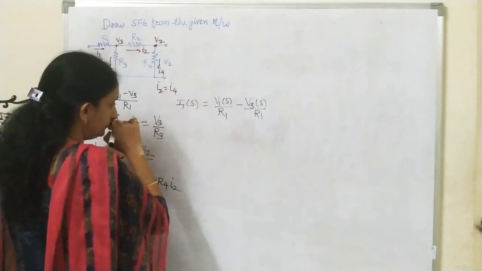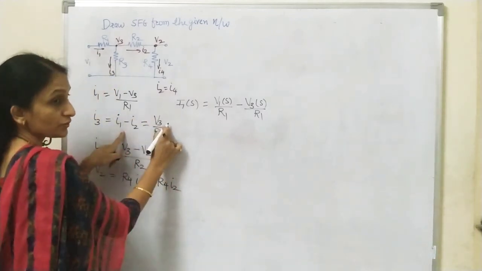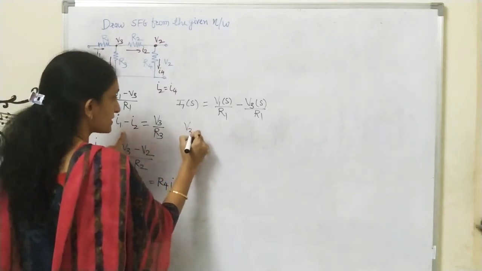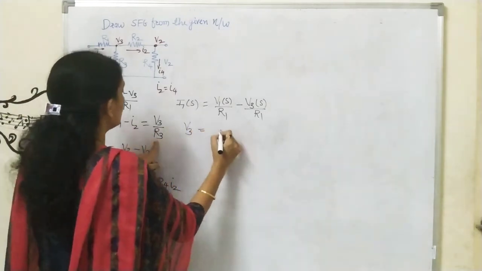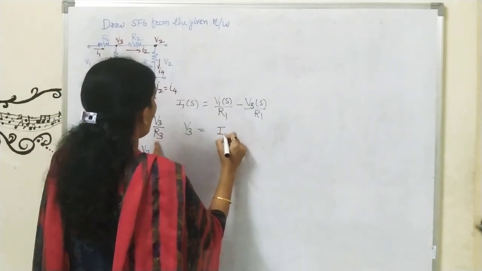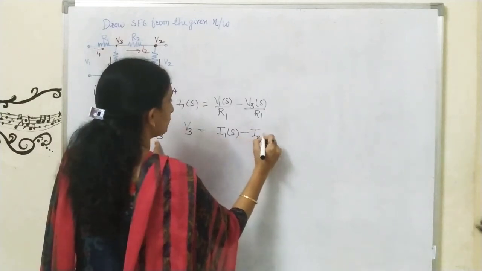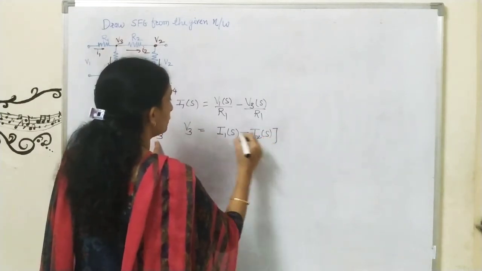Now I will rearrange in terms of V3, because we have considered V3 as a variable. So V3 of S is equal to (I1 of S minus I2 of S) into R3.